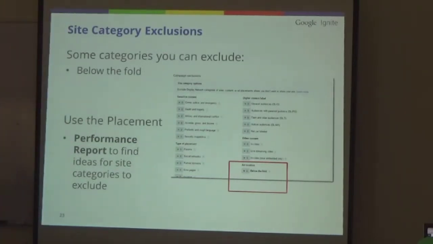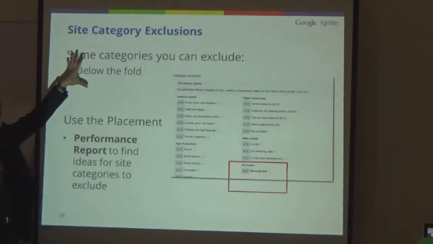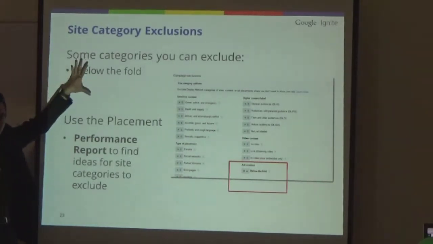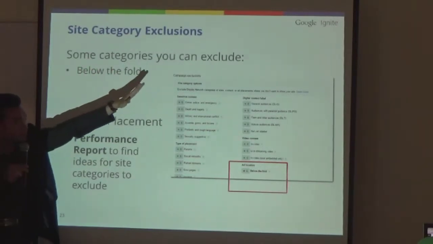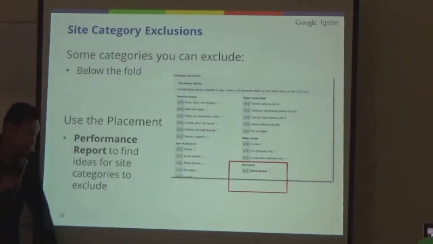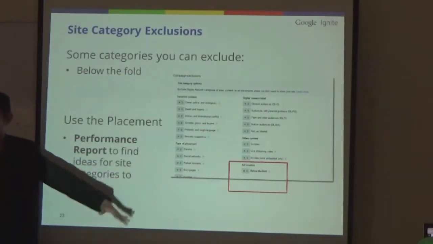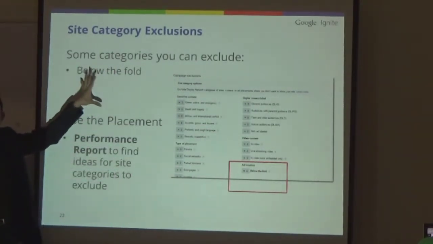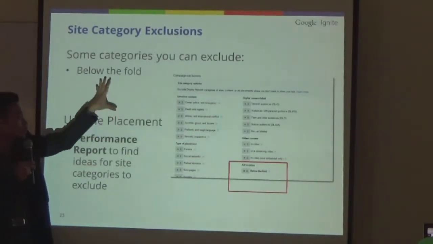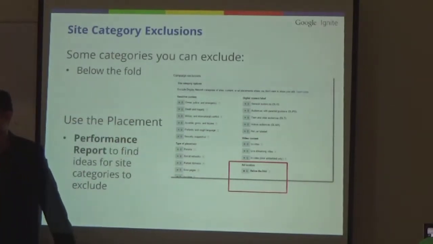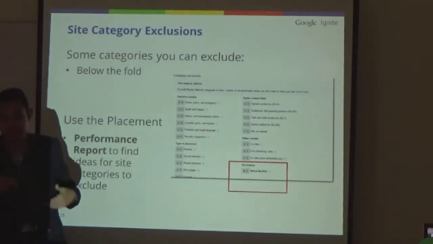In online marketing, those terms are also used: above the fold means you are able to see a particular marketing message or ad at the top view without having to scroll. Anything that falls after you scroll is considered below the fold. Anything up is considered above the fold. So you want to set parameters using site category exclusion and say, hey, I might not want to show my ads anywhere below the fold. So you can do that in GDN.